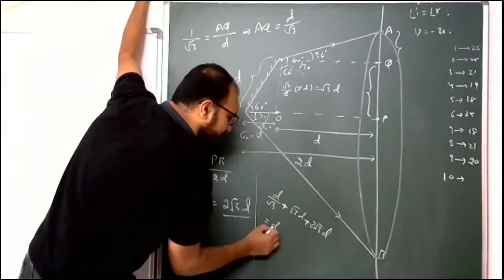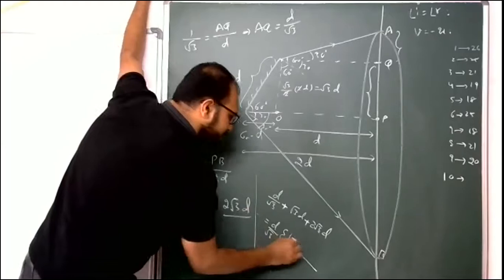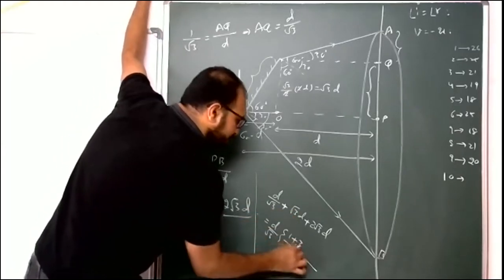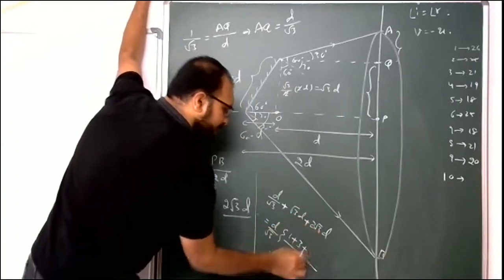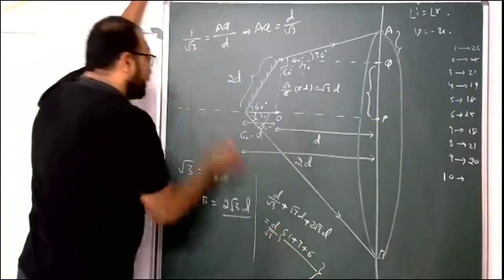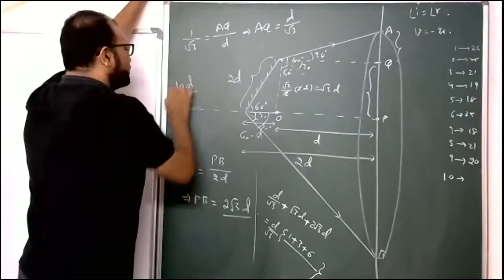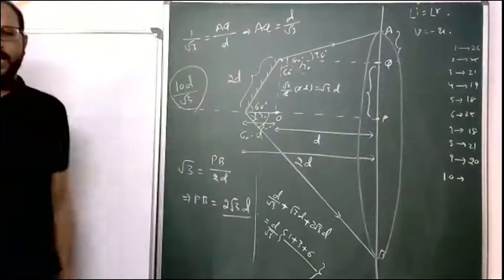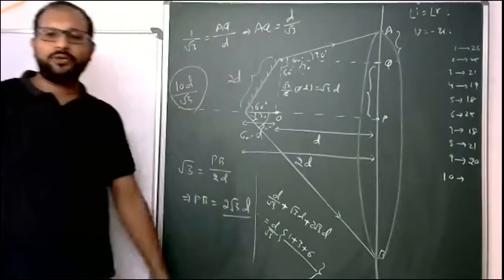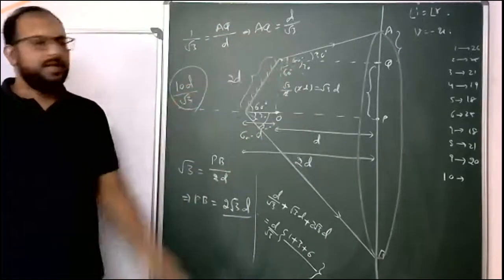If you take D by √3 common, here 1, here 3, here 6. 6 plus 3 plus 1, total 10. D by √3. 10D by √3 is the final answer. That is the active region, the field of view for the inclined mirror. Yes, so students.